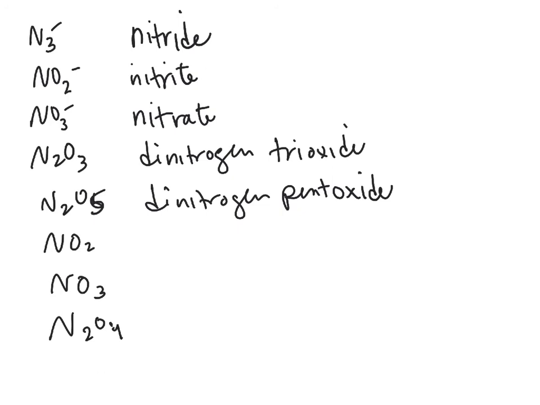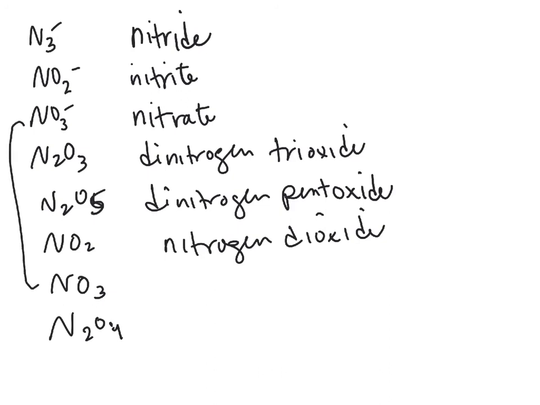Then you have mono, but you're going to leave that out, so it would just be nitrogen dioxide. And then NO3, compare these two, they're different, right? The second one here is nitrogen trioxide. And then the last one is going to be dinitrogen tetroxide.